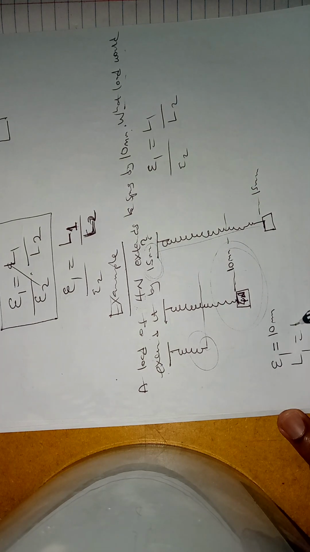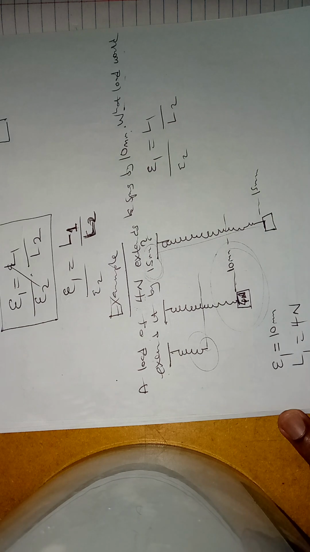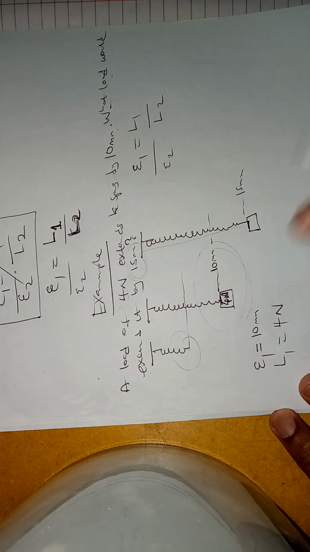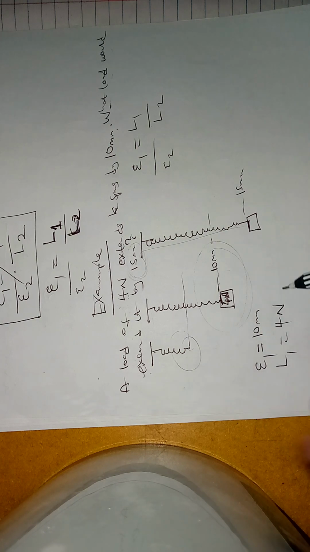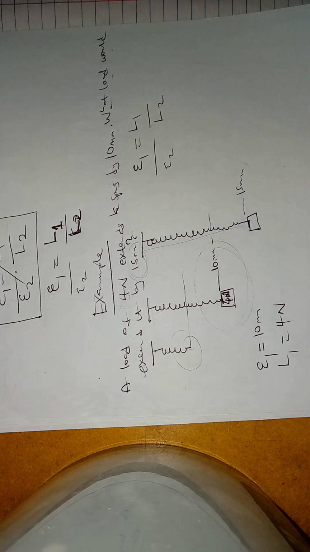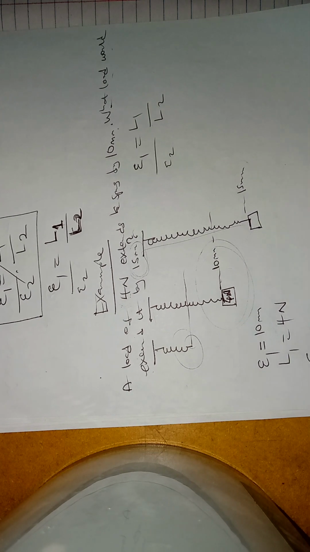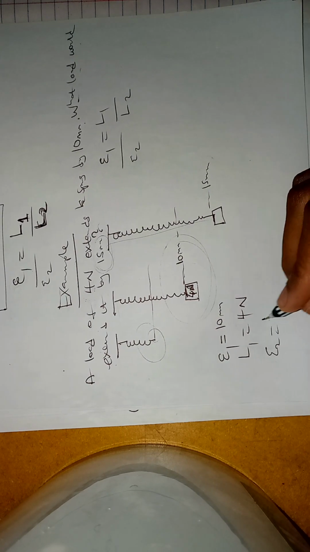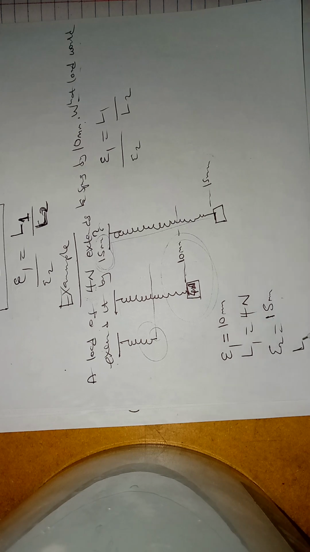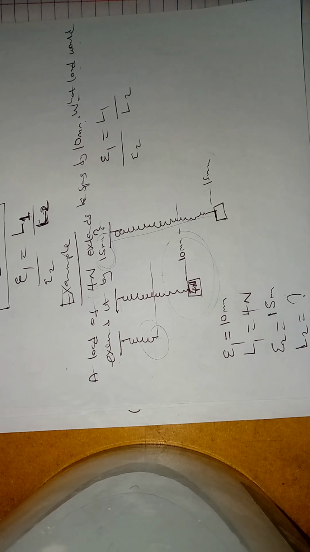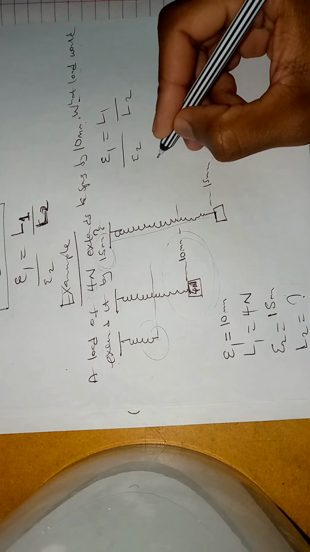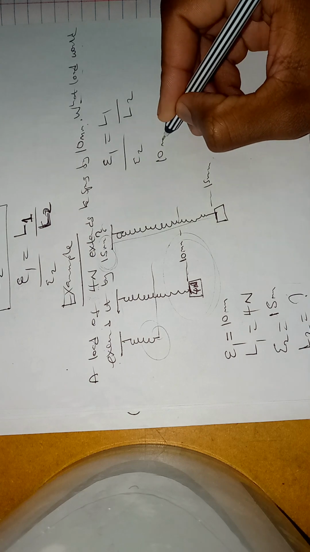Then the load 1 will be 4 newtons. The load is the force, extension is the distance. Then extension 2 is 15 millimeter, and load 2 is what we're asked to find. So you get this data and substitute in the formula. Extension 1, we're told it is 10 millimeter.